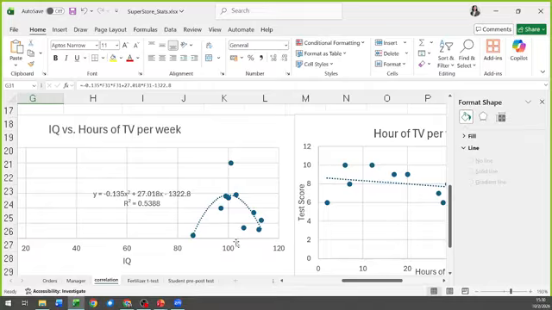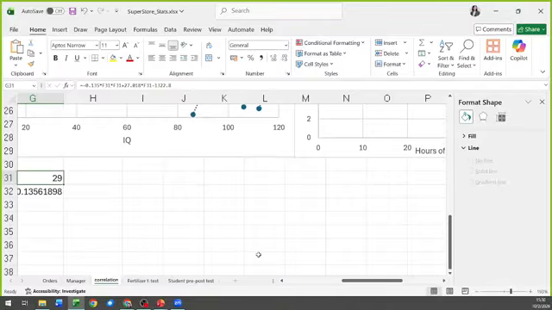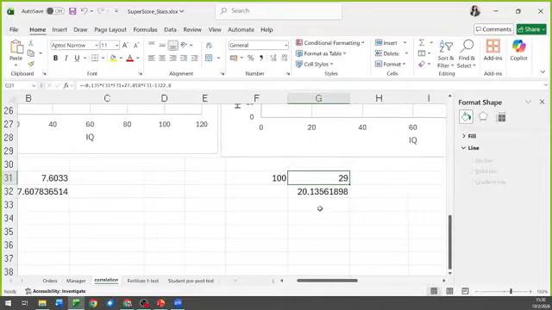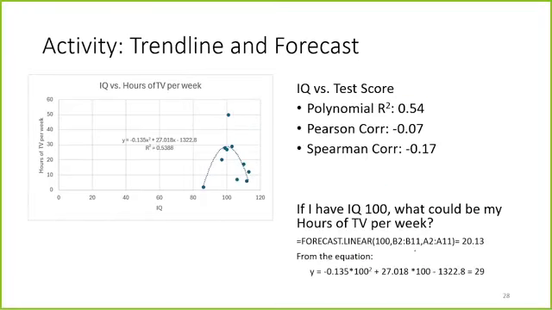Therefore, if IQ is 100, you will get around 20 hours of TV per week. That's why there is a difference between these two numbers: you get 20 versus 29 from polynomial. Okay, if you're done here, just type 5.